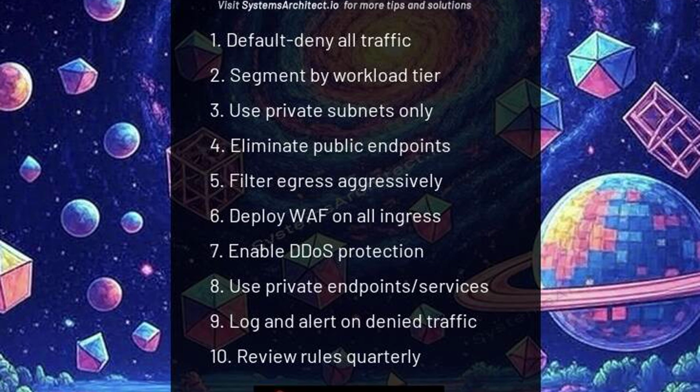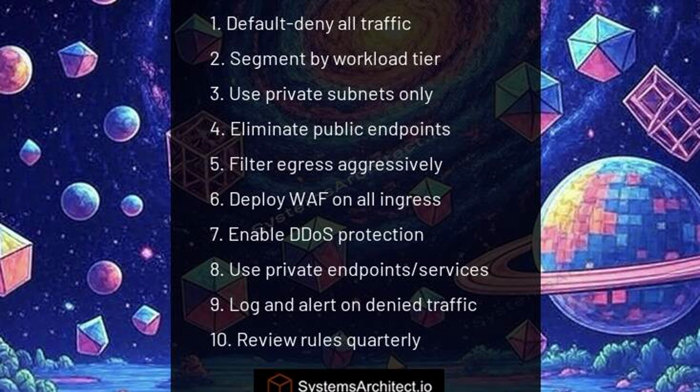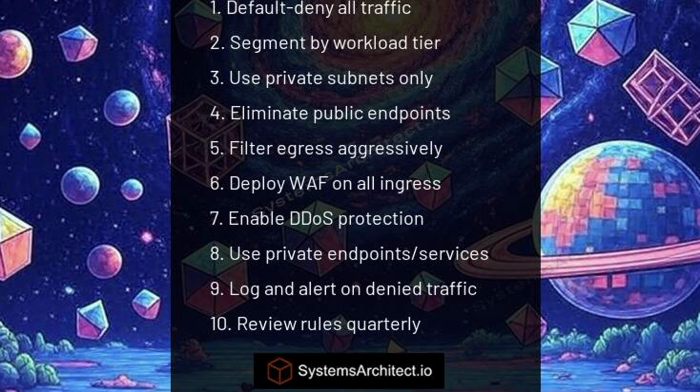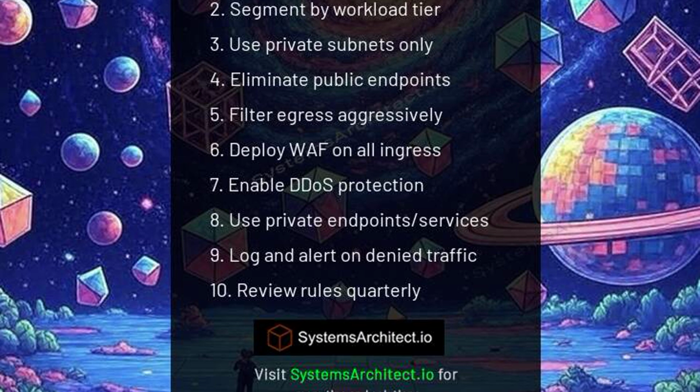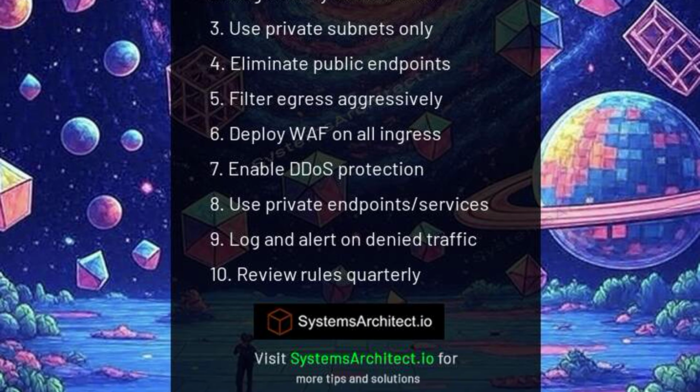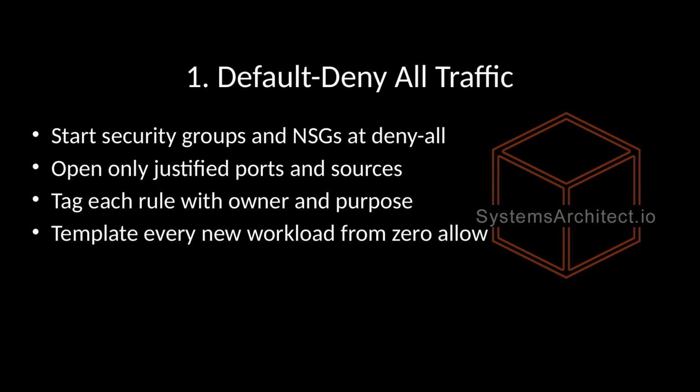Filter egress aggressively. 6. Deploy WAF on all ingress. 7. Enable DDoS protection. 8. Use private endpoints and services. 9. Log and alert on denied traffic. 10. Review rules quarterly.